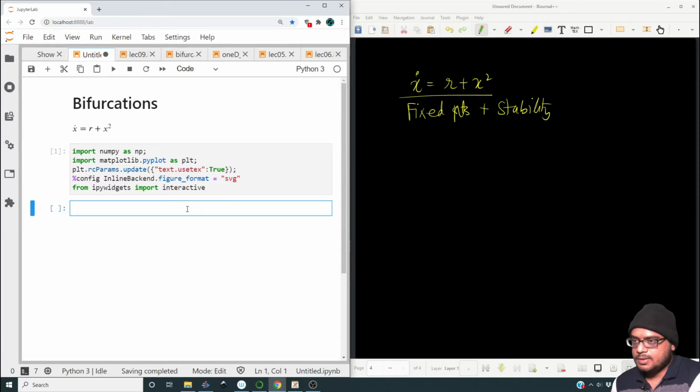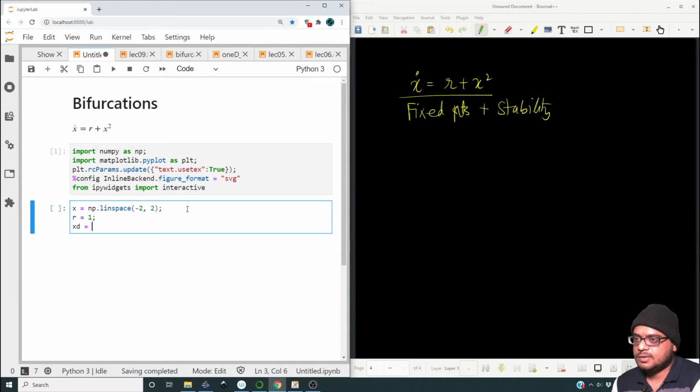So x equal to np dot linspace minus 2 to 2, r equal to say 1, and x dot is r plus x square.